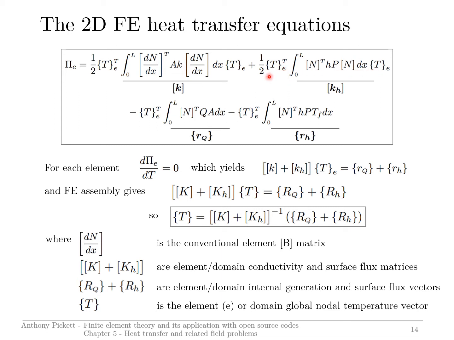We have this squared, so it just becomes temperature. And on this side, this will be cancelled out. So we end up with just these.